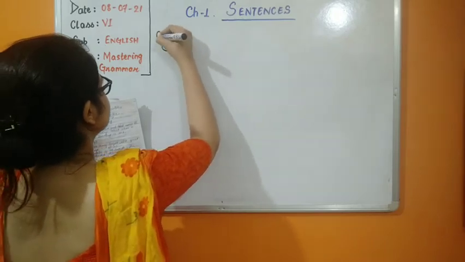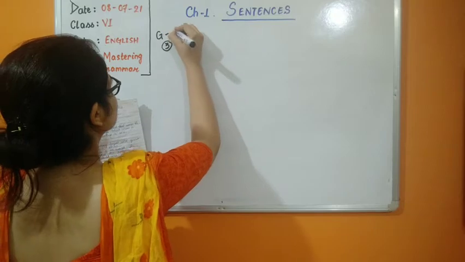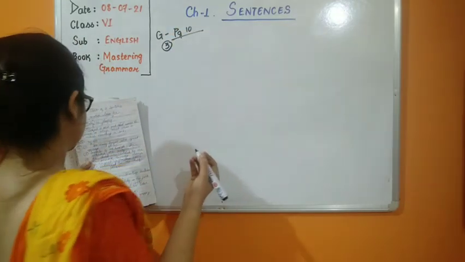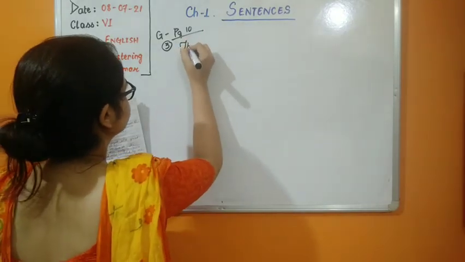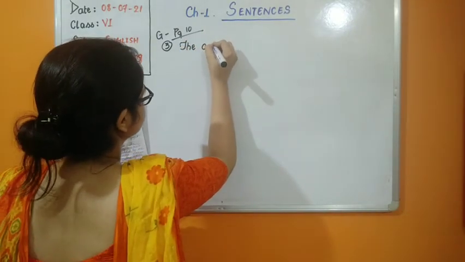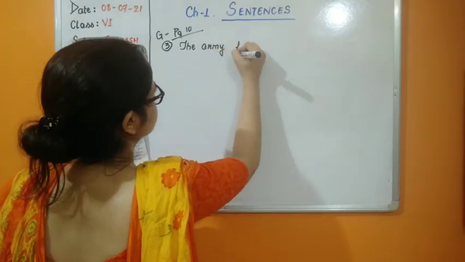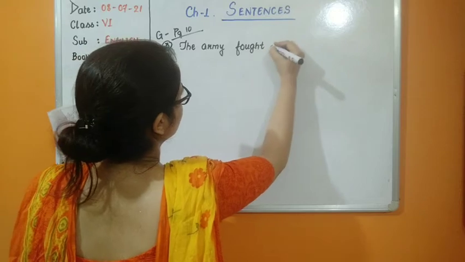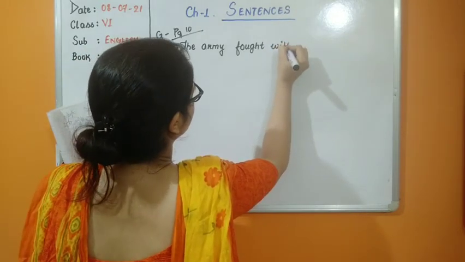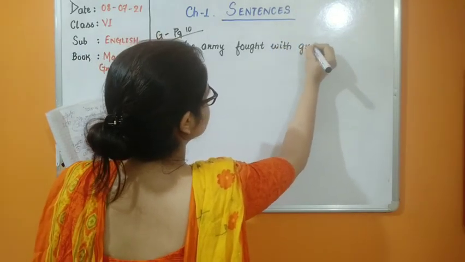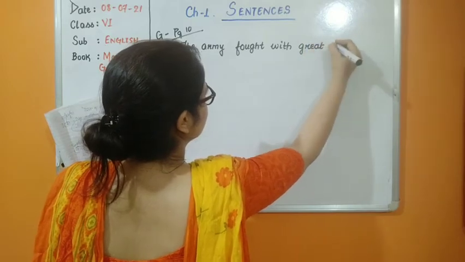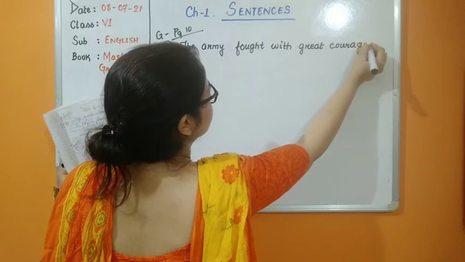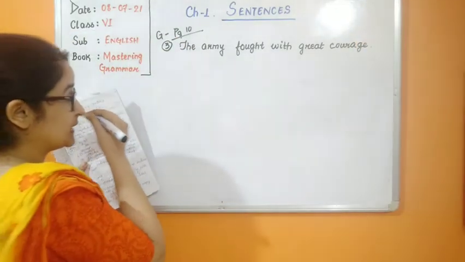So this is G exercise, page number 10. Okay children, now number 3, the army fought with great courage. Now which group of words is underlined? With great courage is underlined.